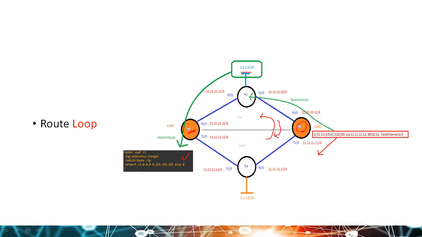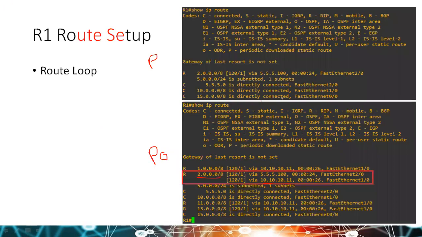But with this, it will cause a routing loop, because right now R1 is confused that the 2.0.0 network can be reached via two different instances. But how can we fix it?